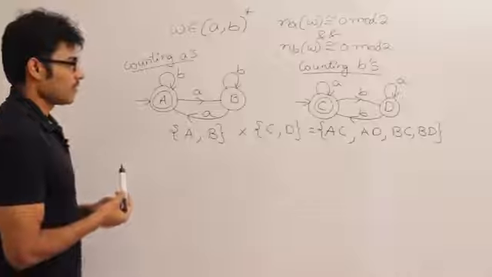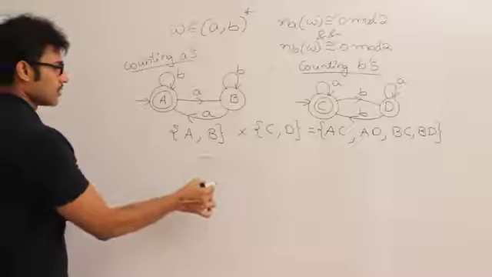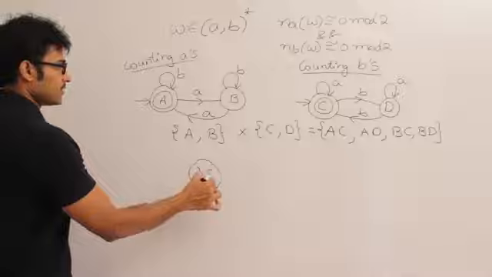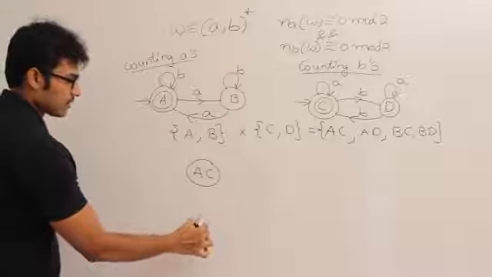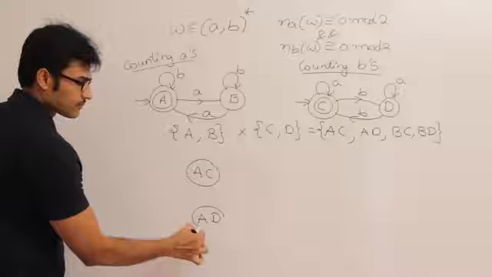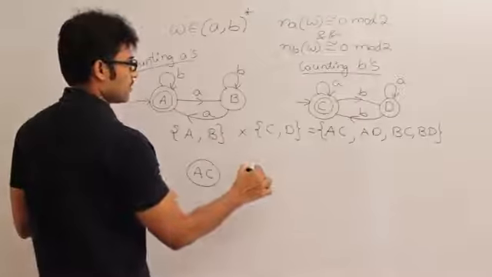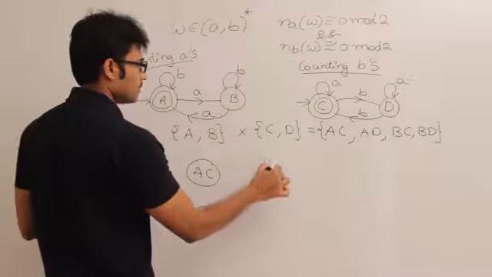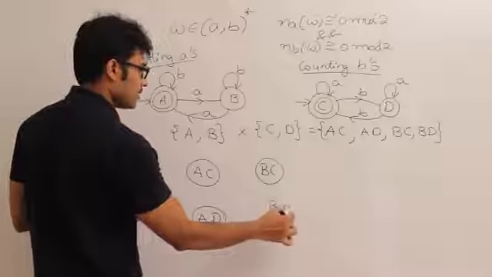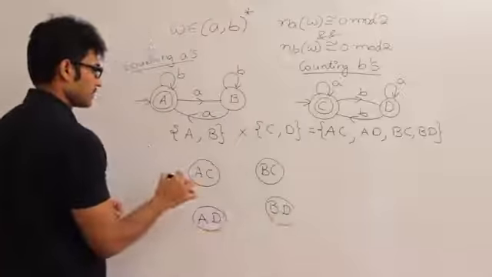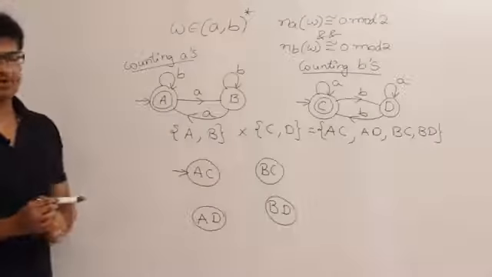First of all we know that there are four states, so I'm just going to draw four states: one is AC, the other is AD, the other is BC, and the other is BD. After drawing these states I should know the transitions.